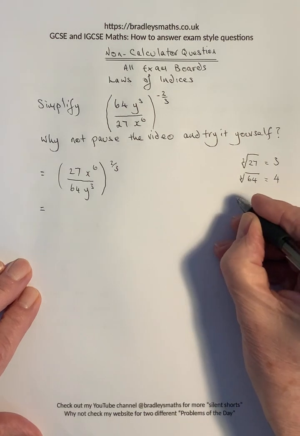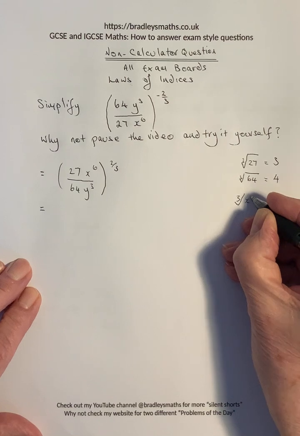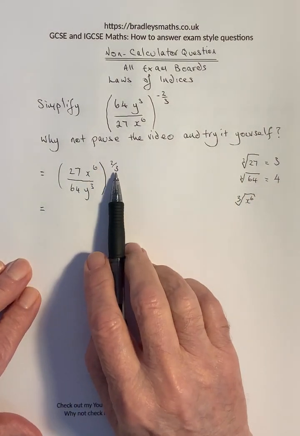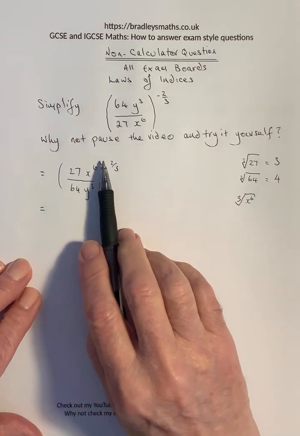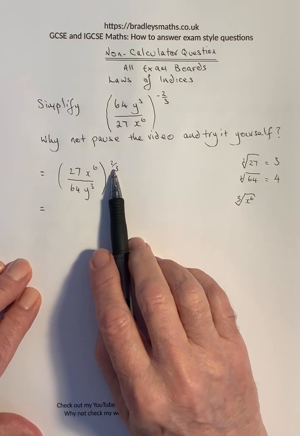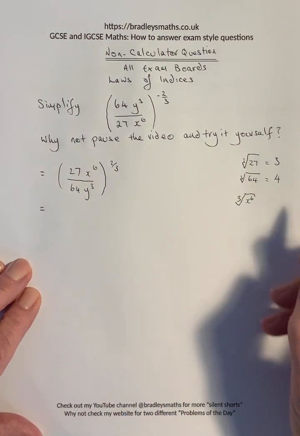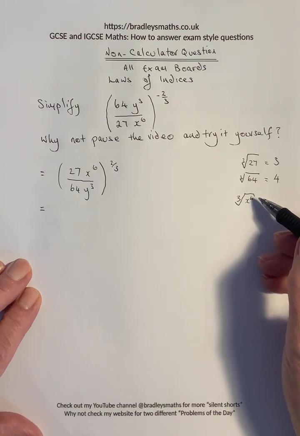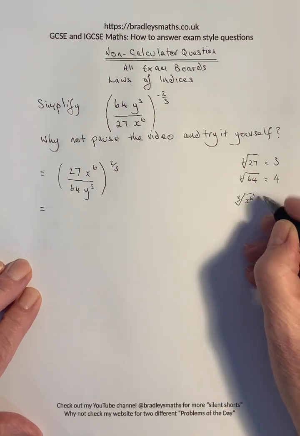The cube root of x to the power 6. Well, the cube root is to the 1/3, and when we raise something in brackets to a power, we're raising the power to the power as well. And the way we do power of power is we multiply. So we have x to the 6 times 1/3, not the x times 1/3, the power times 1/3.